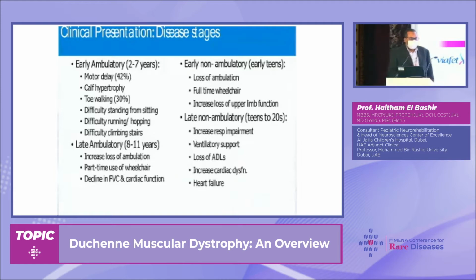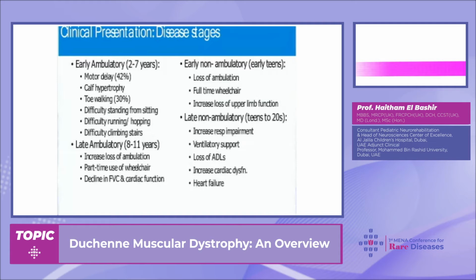So the clinical presentation, which is mainly what I get involved in in my role in rehabilitation and neurodisability, is the disease stages. We see these children sometimes when they present early with motor delay. Children with Duchenne muscular dystrophy, like any child with developmental delay, present sometimes to the general pediatrician, sometimes to a neurologist, sometimes to rehabilitation. Sometimes we have seen patients presenting to orthopedics clinics because of toe walking.